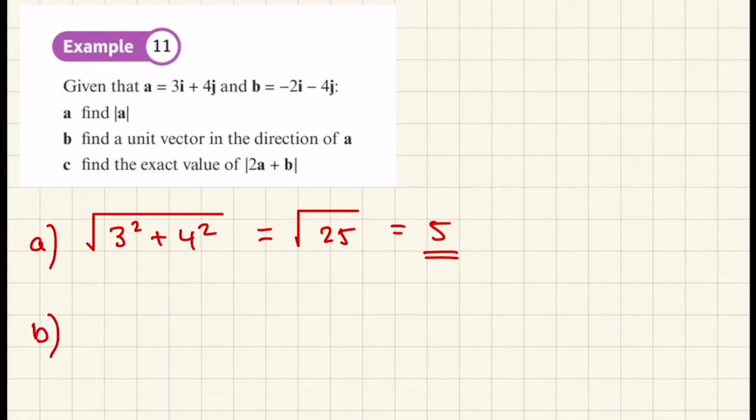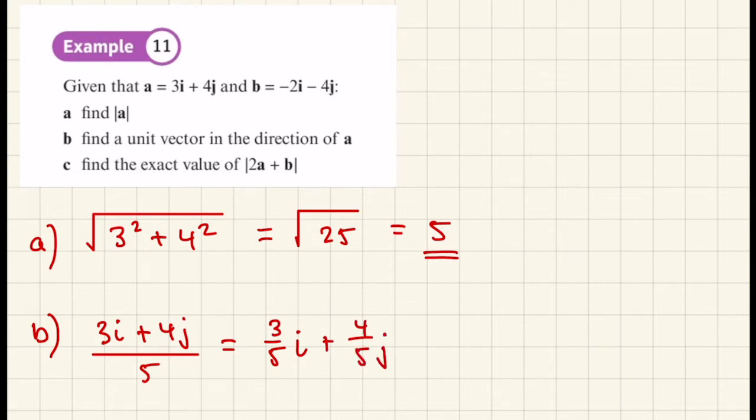For part B, a unit vector in the direction of A, we would need to take vector A, which is 3i plus 4j, and divide both components by 5, as that's what we found our magnitude to be. We'd be left with 3/5 i plus 4/5 j.